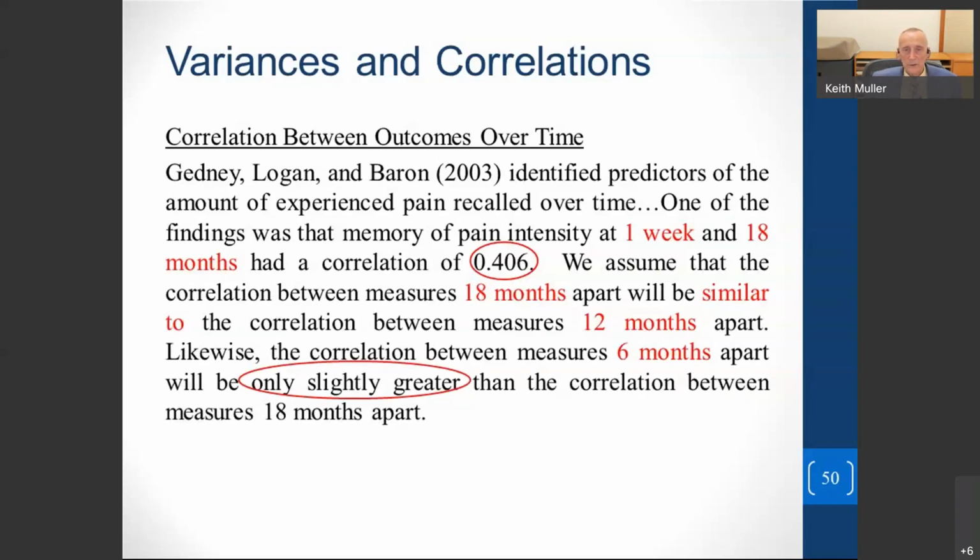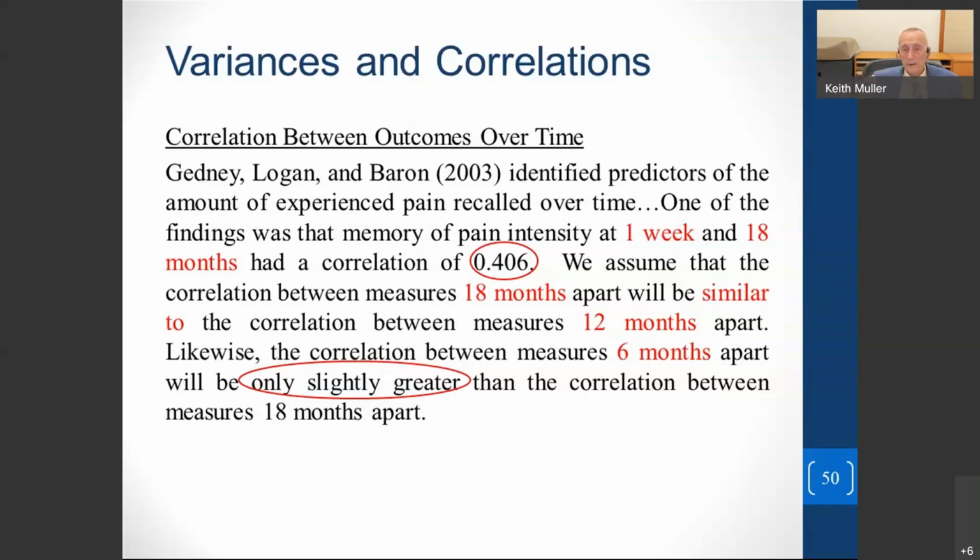In order to fill out the results: in this previous study, the correlation between the 1 week and 18 months pain intensity was 0.4. And we're going to assume that the correlation between 18 months and 12 months will be very similar to that. And that's a guess, okay? It's part of the classic guessing process that sometimes one is forced to do in doing power analysis.